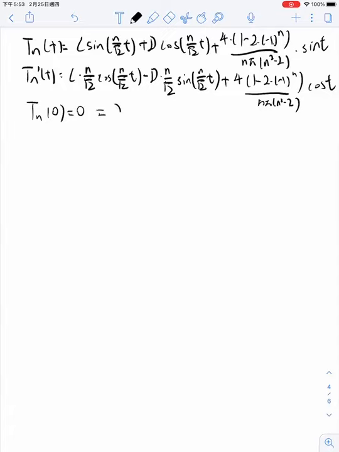So what is left is the middle term. There's the d coefficient here. So d is equal to 0.